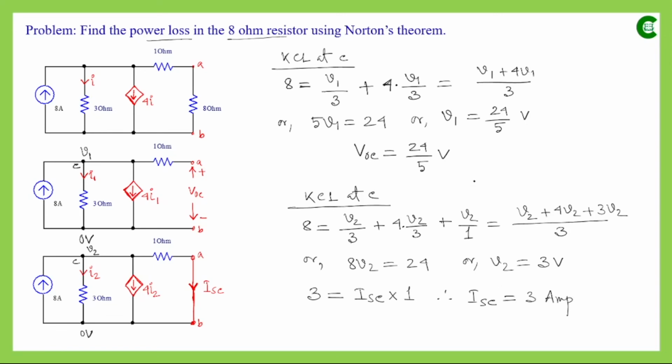So far we have obtained the value of VOC, which is 24 by 5, and the value of ISC, which is 3.